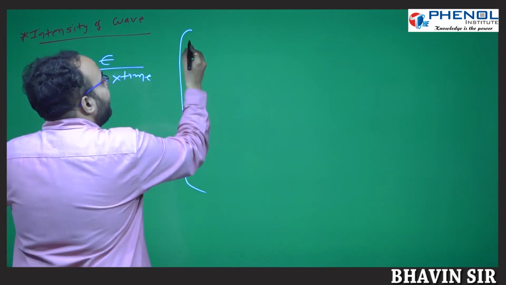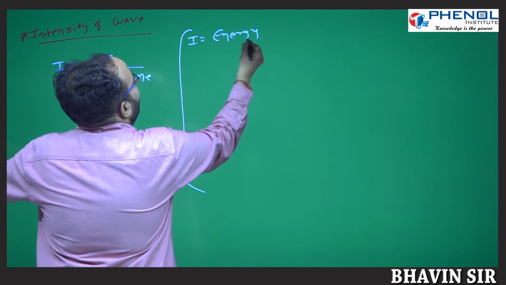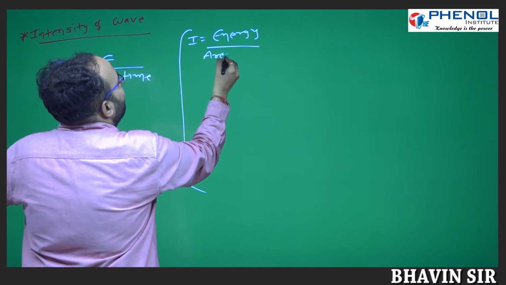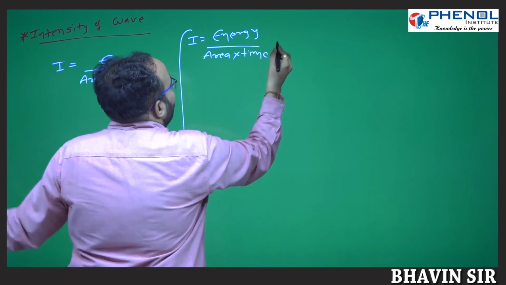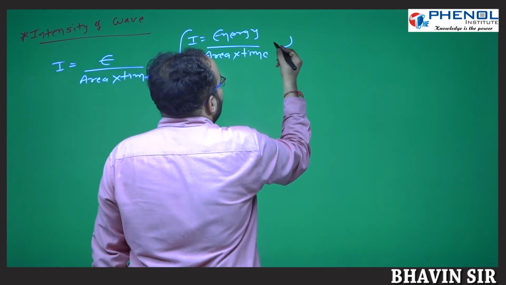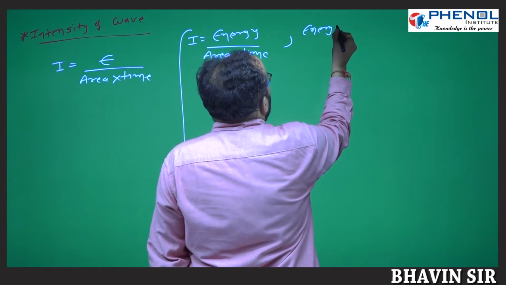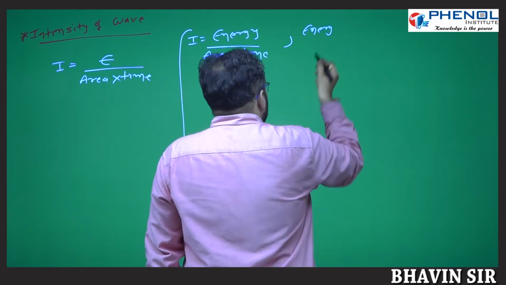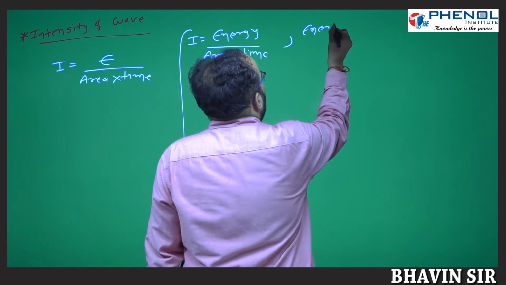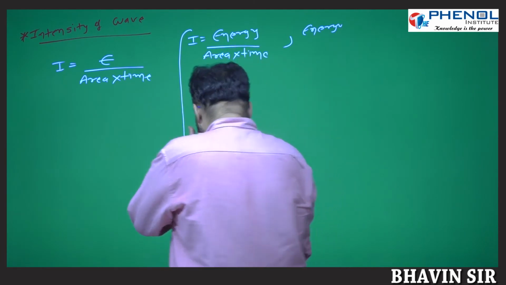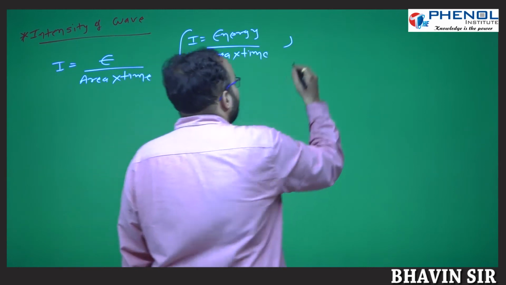Chalo, so see how to obtain. See, intensity means energy incident on unit area in unit time. And what is energy density?